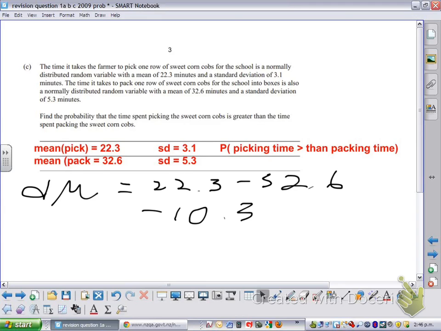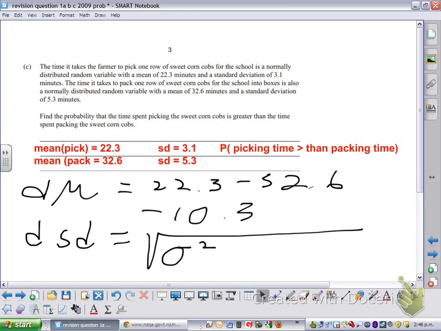Now remember, when you're dealing with standard deviation, so you need the difference of the standard deviation, you don't use the individual standard deviations. You've got to use this formula. So you're going to use variance of the two and then square root them. And that's what you do when you're trying to find the standard deviation in a combination type of question where you're adding or subtracting.